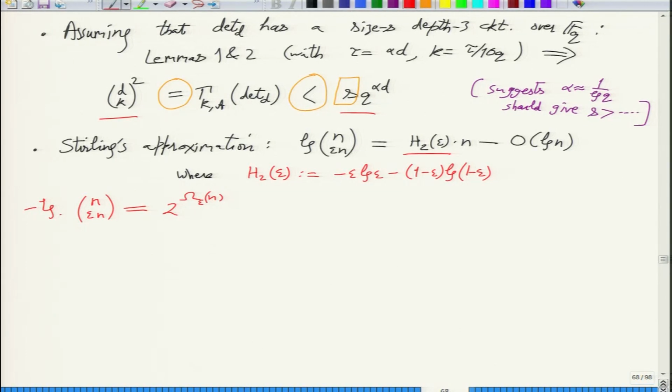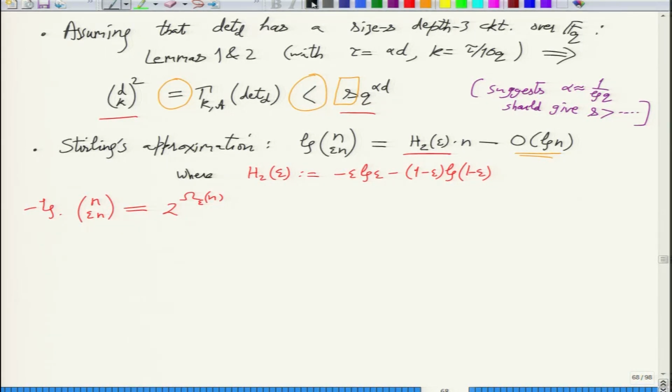Okay, so the error term is only half log n, which is also what we have mentioned here. Yeah, but this is not true for all epsilon. So obviously if you go far away from half towards 0 or towards 1, then you will be in a problem. Then n choose epsilon n will not be so large. So that is why we have to do this calculation to fix things.